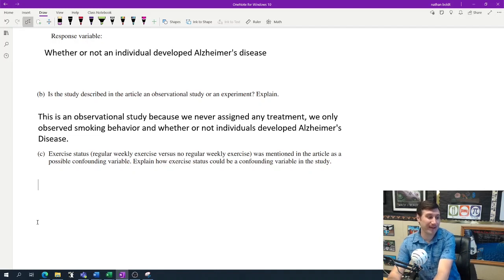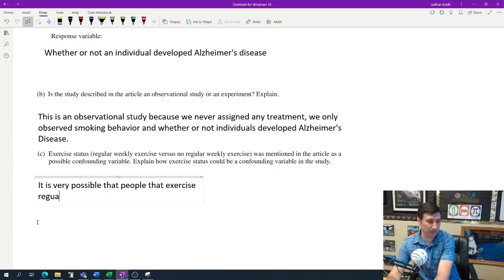So first, I'm going to connect exercise status to the smoking habits. It is very possible that people that exercise regularly are more healthy and less likely to smoke cigarettes.